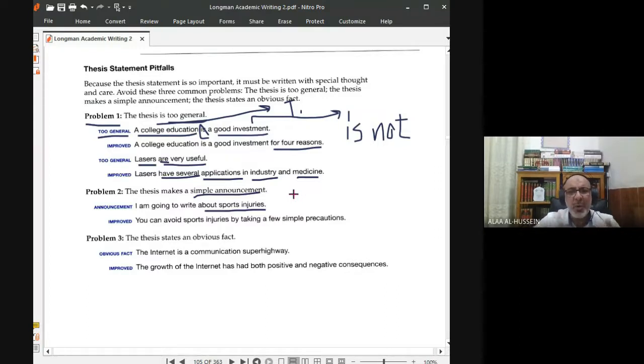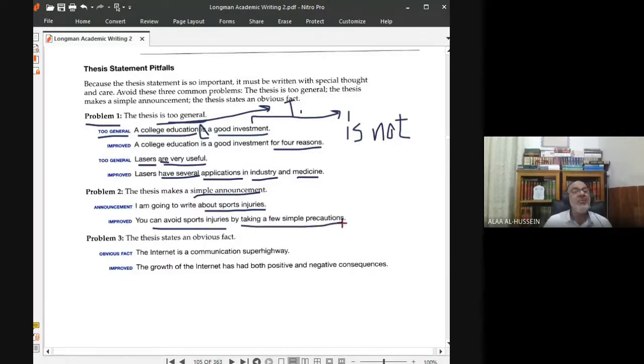You can say sports injuries are so and so. And then the writer improves it by saying you can avoid sports injuries. How? By taking a few simple precautions.